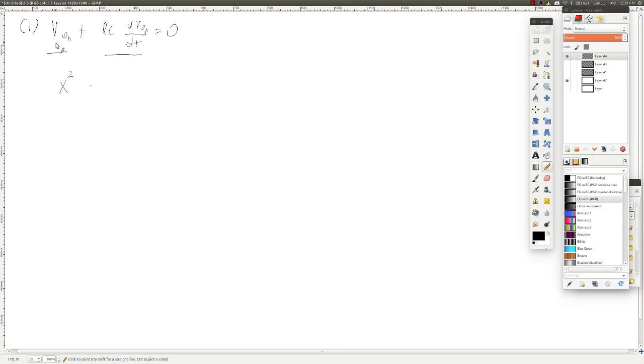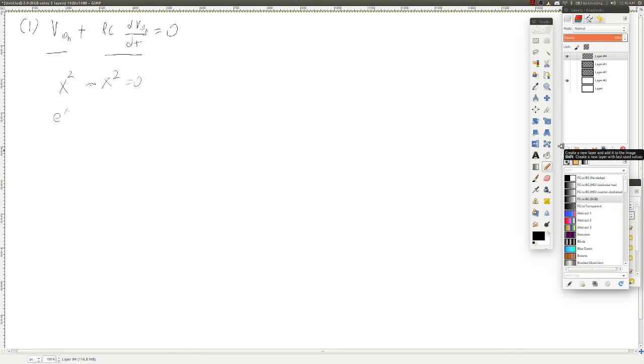For example, if x squared were VOH and negative x squared was RC dVOH, these would be equal to 0. But there's no way that works because that's not how calculus works. You can't take the derivative of x squared and get x squared again. But there is something out there you can take the derivative of and get it again. And that is e to the x.